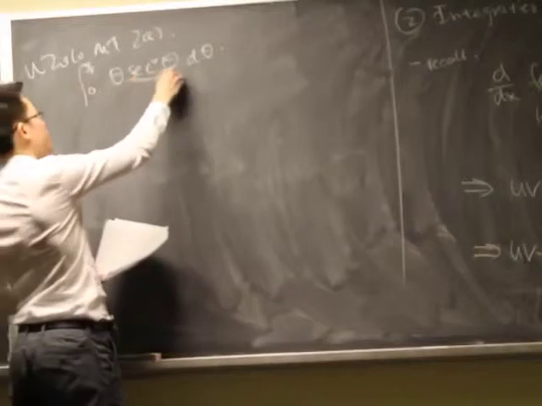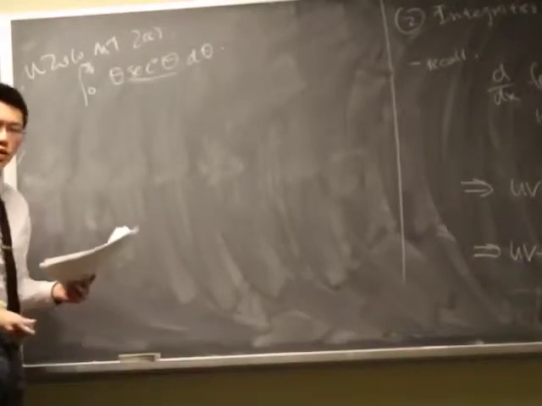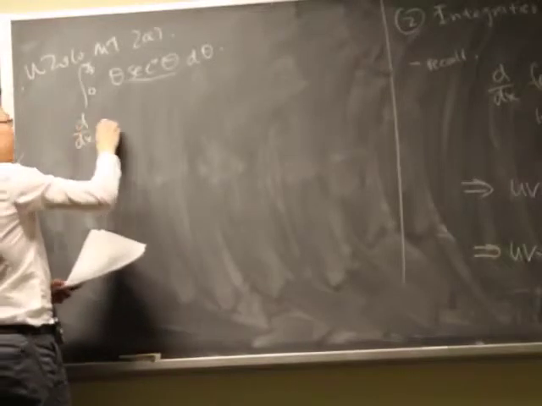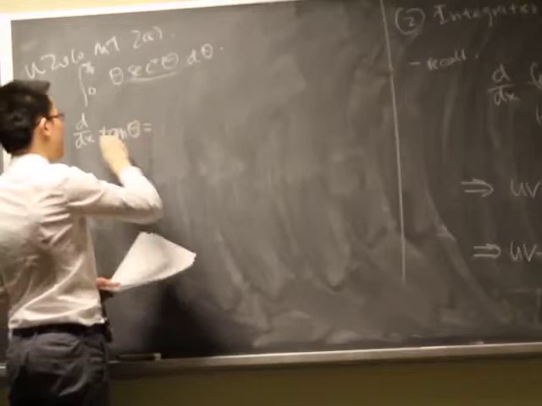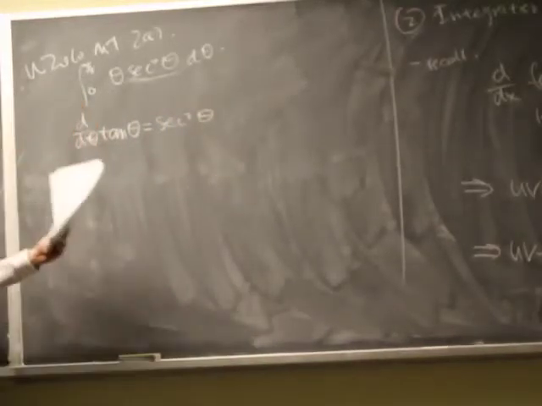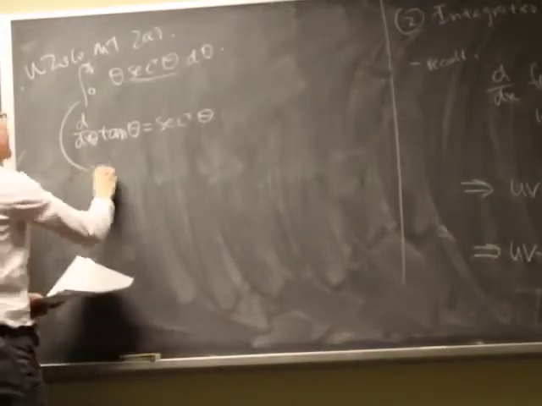Should we differentiate secant squared theta or integrate it? The answer is to integrate, and this is the part that tests your trigonometric knowledge: if you know that the derivative of tangent theta is secant squared theta, then this entire integral becomes problemless. It's very easy.